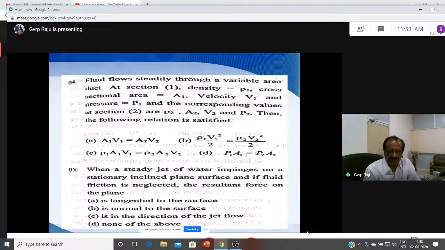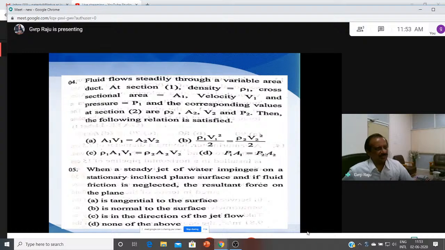This is discharge, Q1 equal to Q2. But here, for the continuity equation, the fluid is incompressible. That is the assumption we have made for finding out the continuity equation.